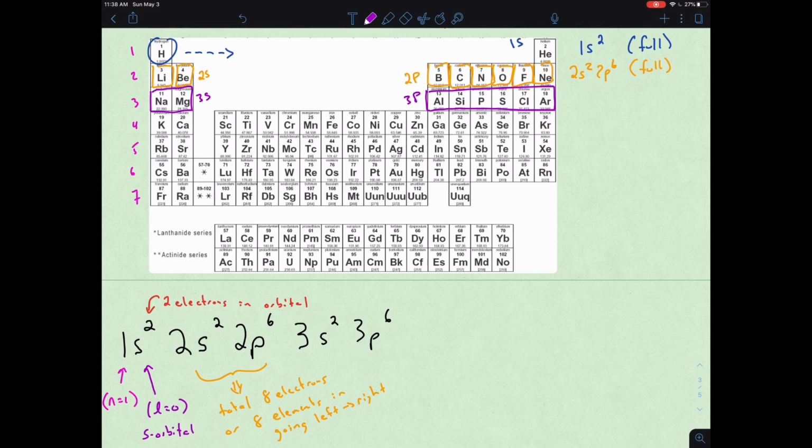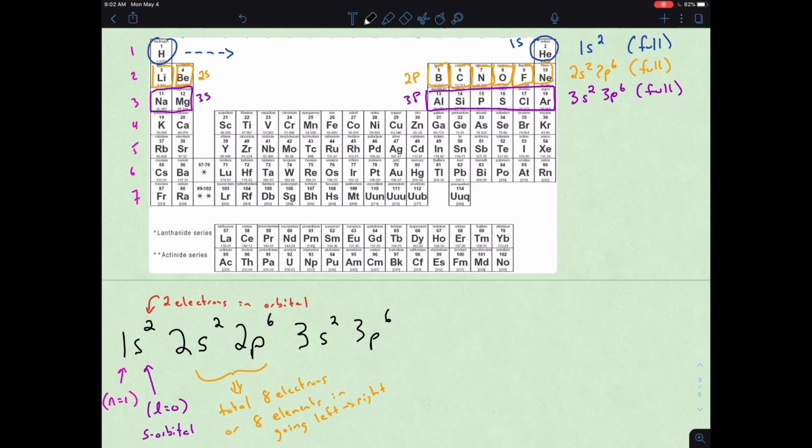So when we get to argon, we now have the 3s2 and the 3p6 as being full. All right, so that's the beginning, and somewhat simplistic in the sense that we're only talking about two different orbitals, s orbitals and p orbitals. Obviously, we have different principal quantum levels, but still just those two sets.